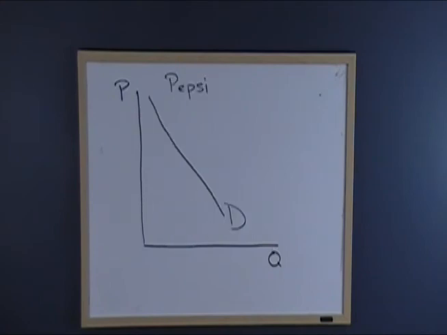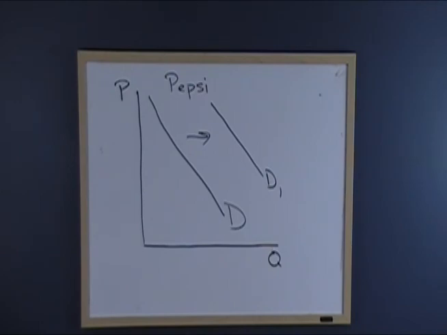We can also have substitute goods like Coke and Pepsi. What's going to happen to the demand for Pepsi when the price of Coke increases? People are going to want to get a hold of more Pepsi at any given price. If they're not drinking Coke and they still want some other delicious soda beverage, they say, I'm not buying Coke.